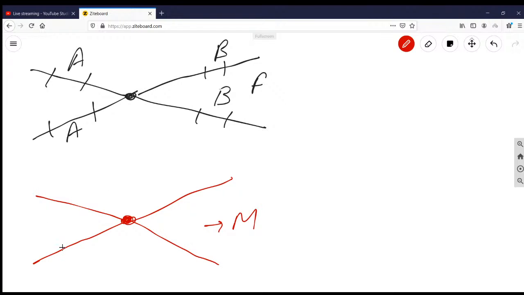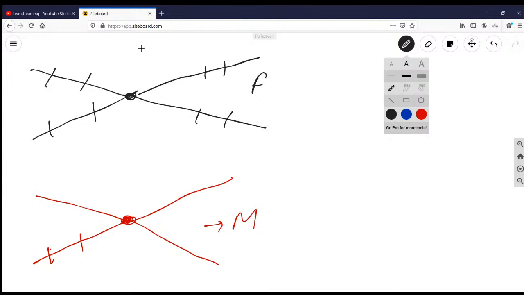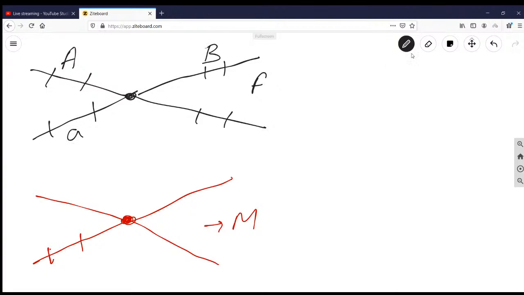So this is small a, this would be B. A, B, here it will be capital, again capital A, because it's a sister chromatid.